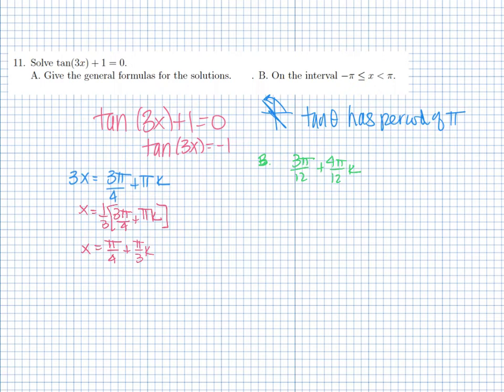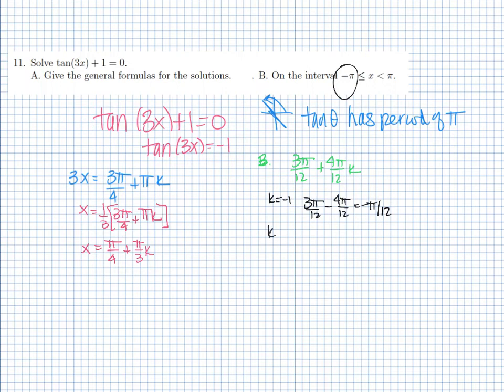So let's start then with k equals negative 1 because we are looking from negative pi. So 3π/12 minus 4π/12 should give me negative π/12. There might be more of these that happen.